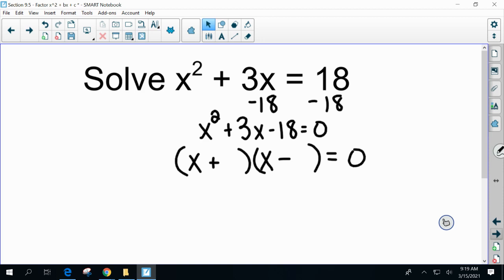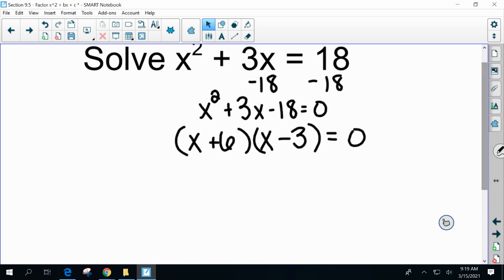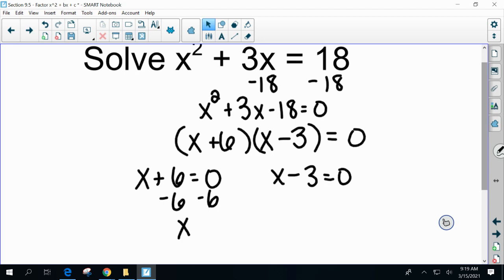Which one am I going to make positive? 6. Okay, so this is just like what you were working with before. What am I gonna do next? Put each one equal to 0. So x plus 6 equals 0, x minus 3 equals 0. So what would x equal here? Negative 6, and here x would equal positive 3.